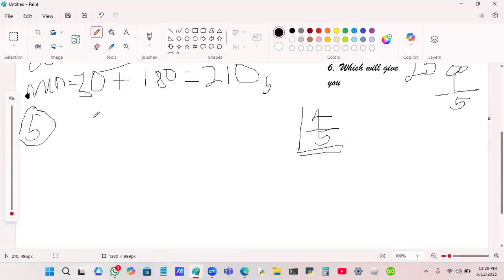So you should say I equals P times T times R over 100, or I equals 5,000 times 2 times 5 over 100. Now you forgot the 100.